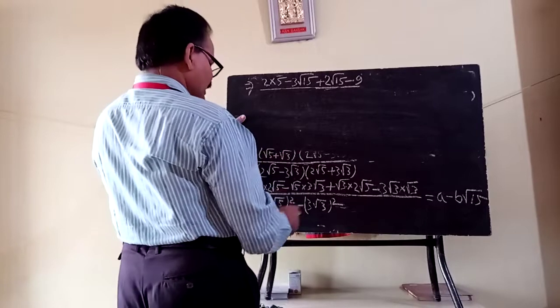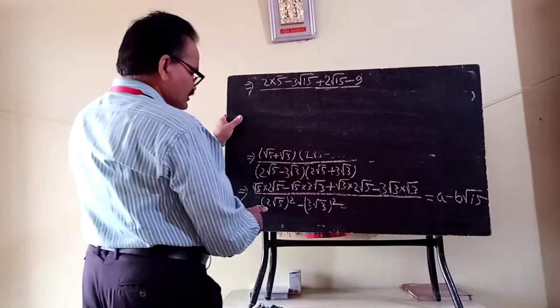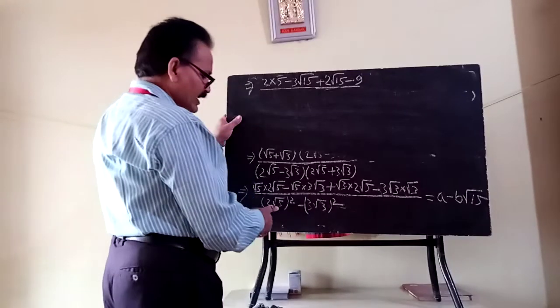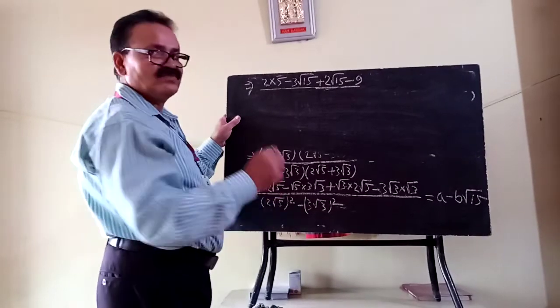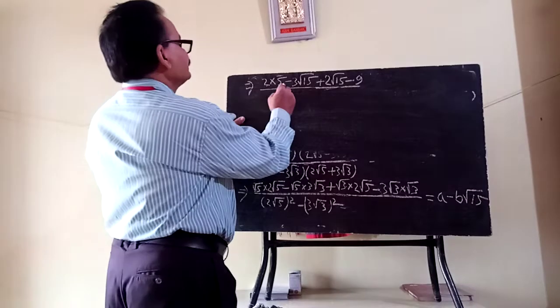Now in the denominator, 2 square is 4 and root 5 into root 5 is 5, so 4 into 5 is your 20.